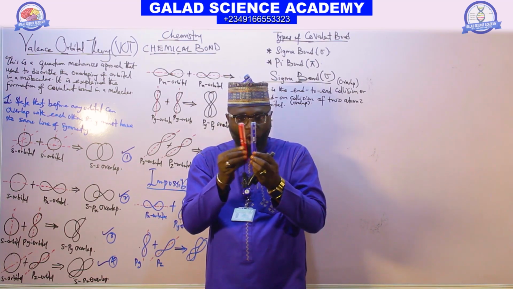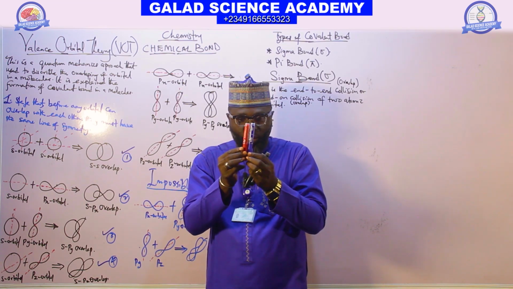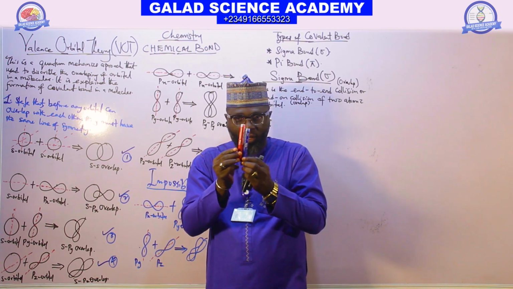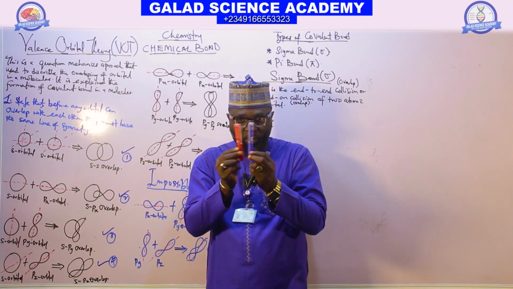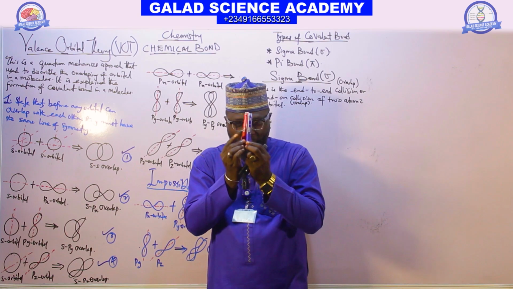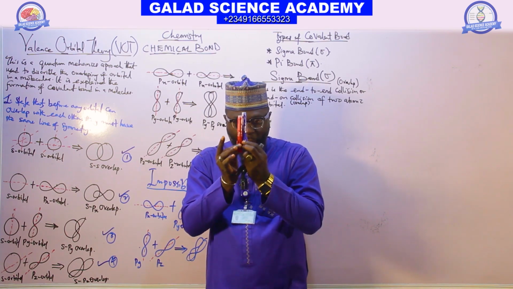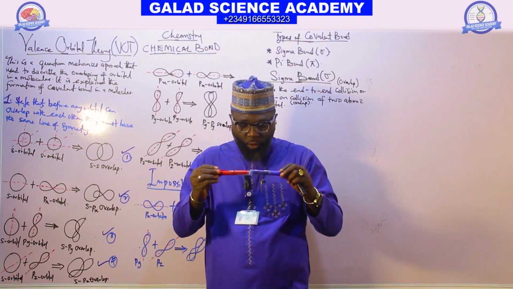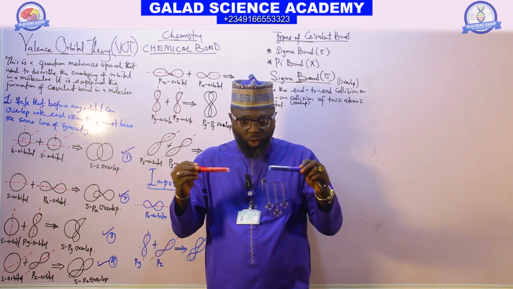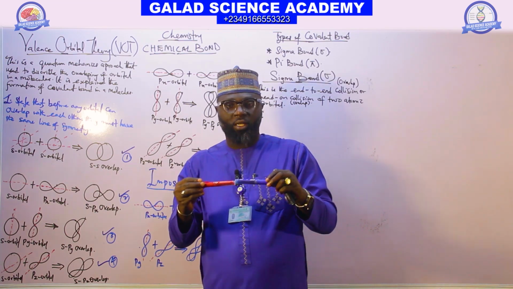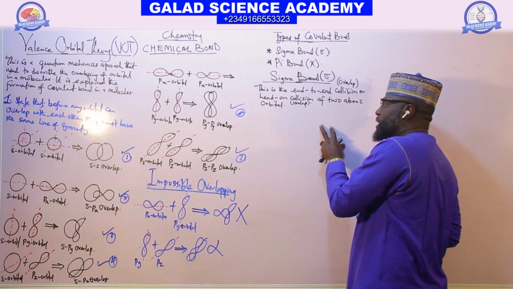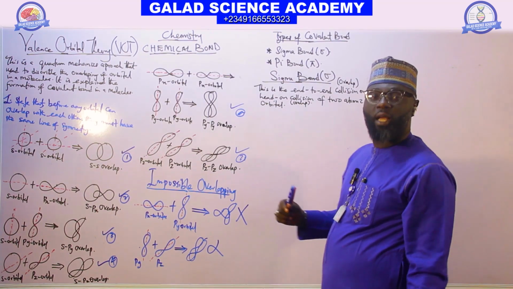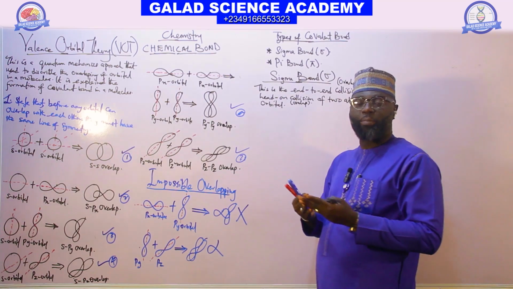In this vertical form, we call it pi bond. But this kind of overlapping, end to end, we call sigma bond. So the sigma bond is end to end overlapping or head-on overlapping or linear overlapping between two orbitals.